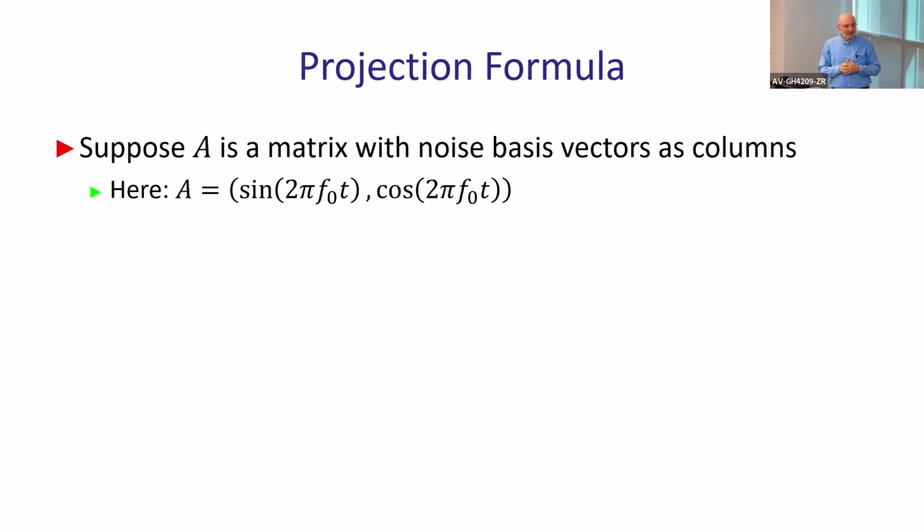Yeah, so I think my question is for this one. We are assuming the basis vector for the noise we know. Yes, it's sine and cosine. So the noise can be represented as a linear combination of sine and cosine, right? Yes.